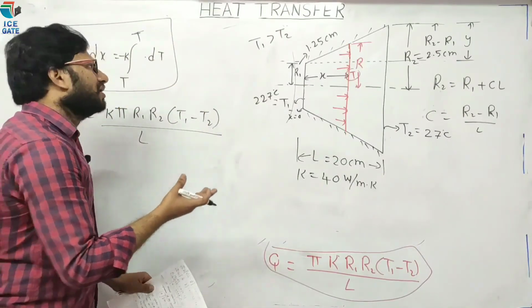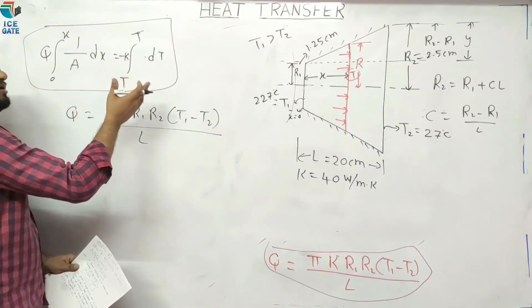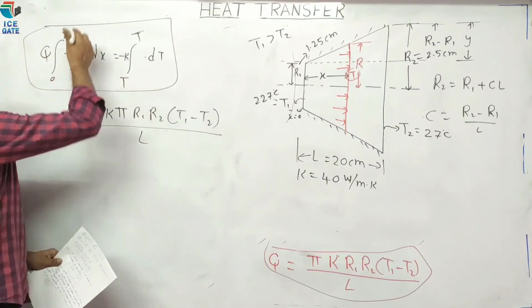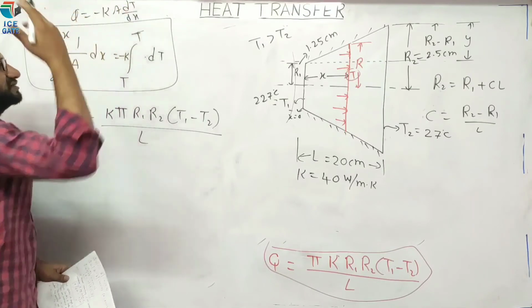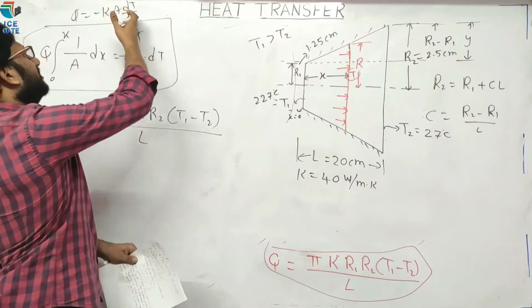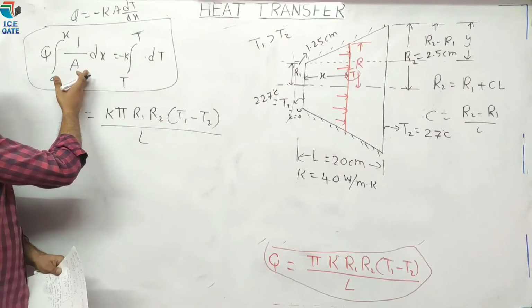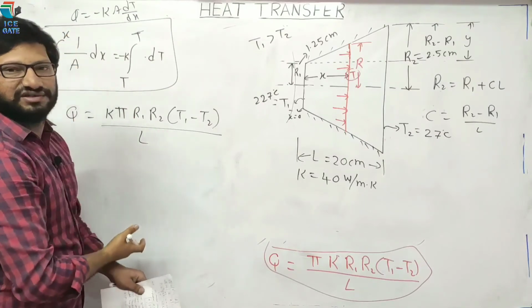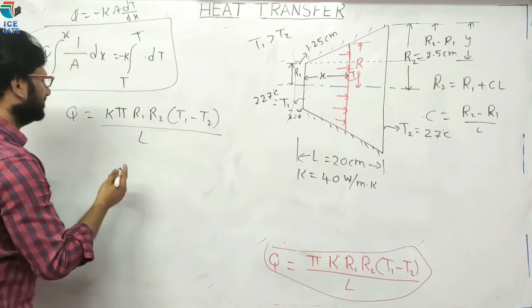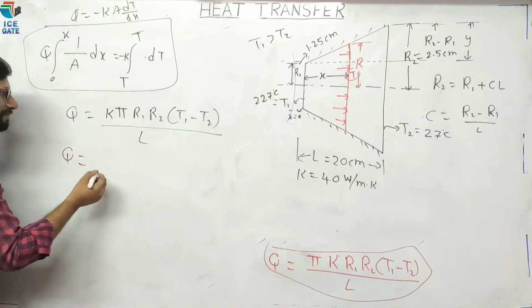Fourier law for conduction, Q is equal to minus K A dT by dx. Simple. From this equation, by integrating from 0 to L, we can find out this equation. Hope you understood.